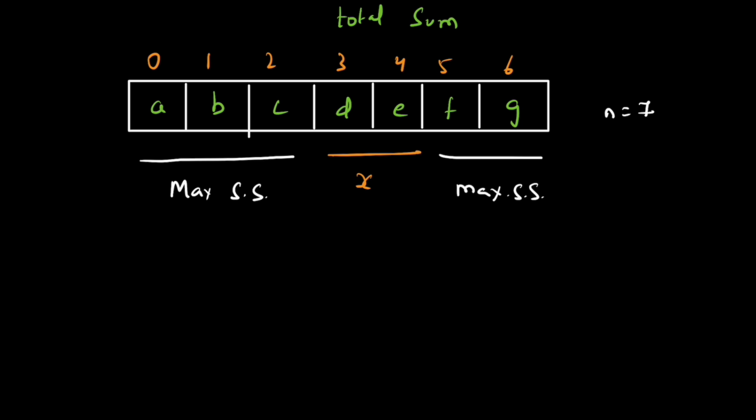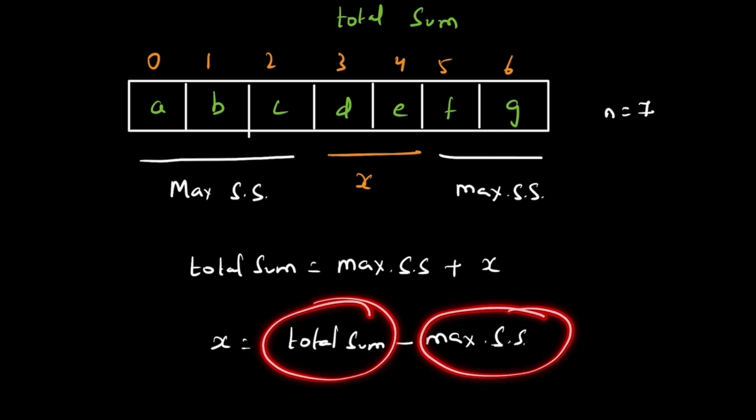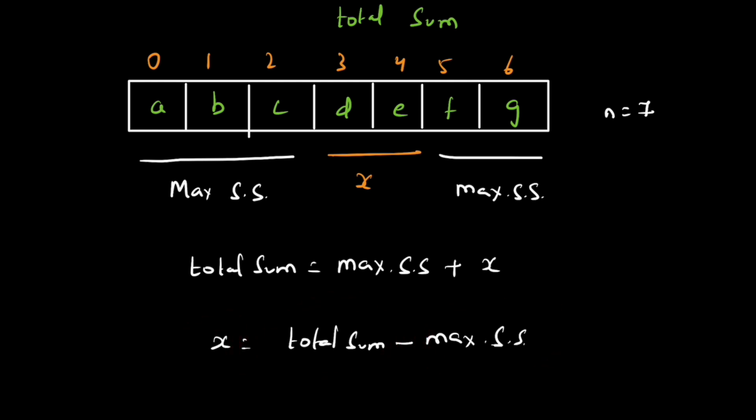Now if we write it in equation, the equation looks like total sum will be the maximum sum plus x. Now if we take x as subject, then x will be total sum minus maximum subarray sum, right? Now if we subtract maximum subarray sum from the total sum, then what will be the x? x will be minimum sum subarray, right?